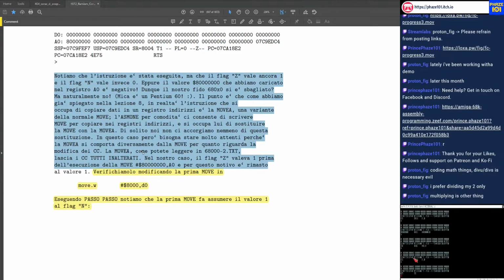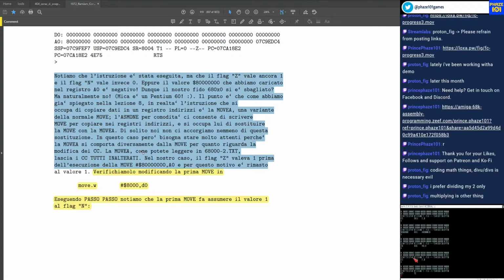When you move to an address register, you're actually doing a MOVEA. The MOVEA instruction is different from MOVE. The only thing is that we do not see the MOVEA.